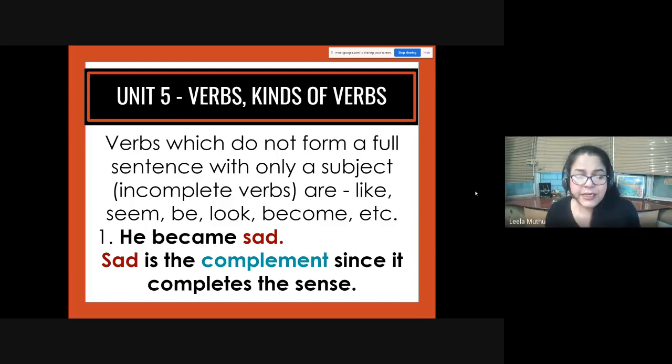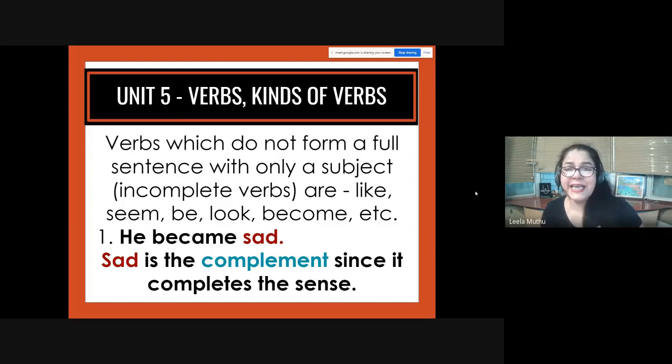So he became. Now let's take the verb became. Just by he, which is a subject, and became, a verb, it does not make complete sense. Now I'm adding a complement, another word, to complete the sentence and make it a complete thought. I've added the word sad.